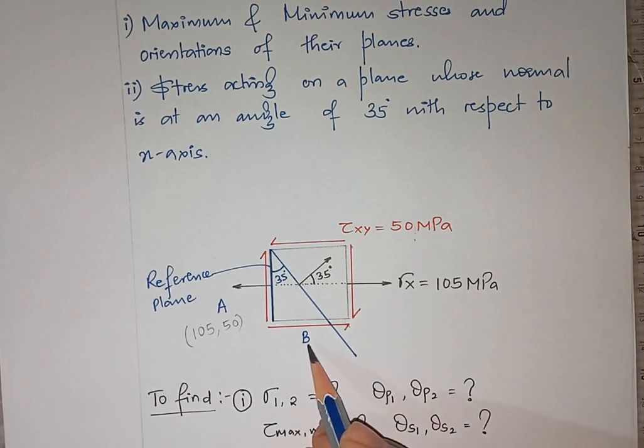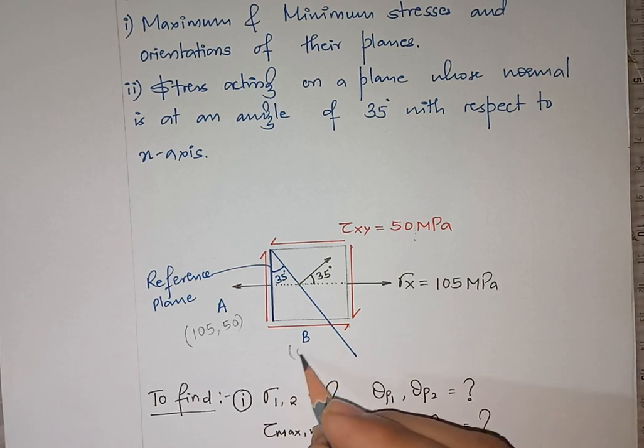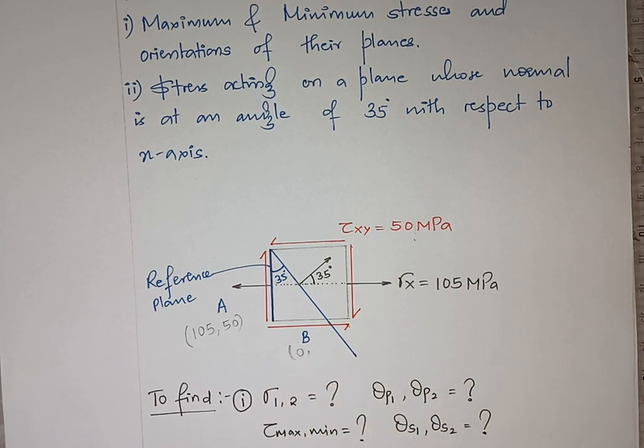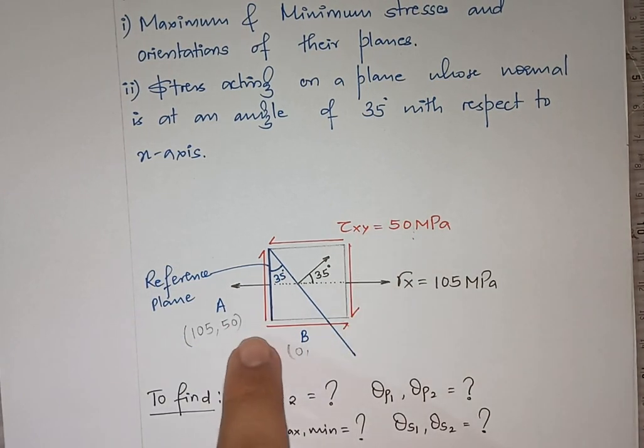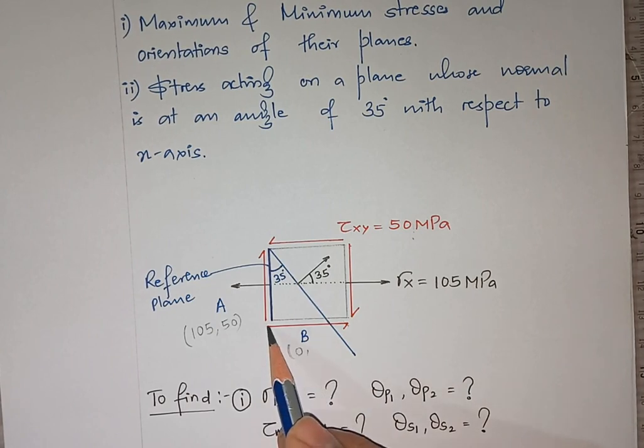Now in the same way, let me take the coordinates of plane B. Right, so there is no normal stress acting, so it becomes 0, whereas shear stress is acting in this direction. This direction is trying to rotate the reference plane in anti-clockwise direction.